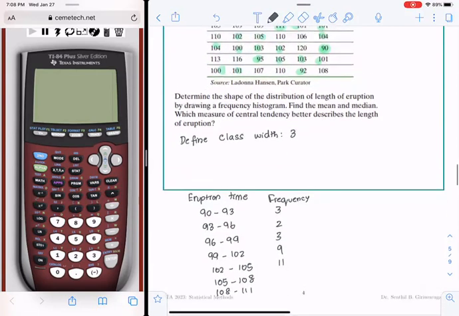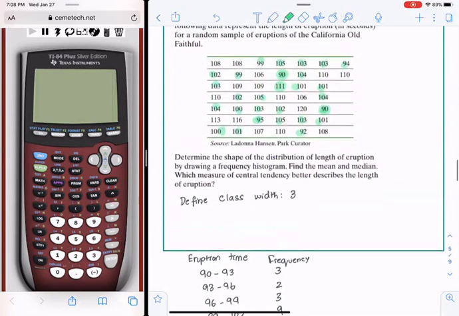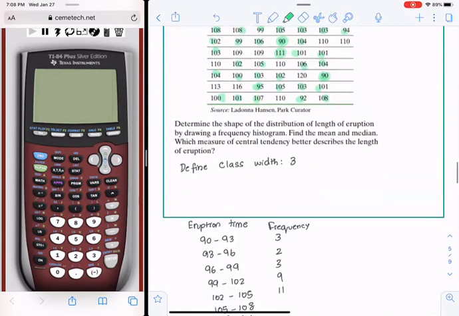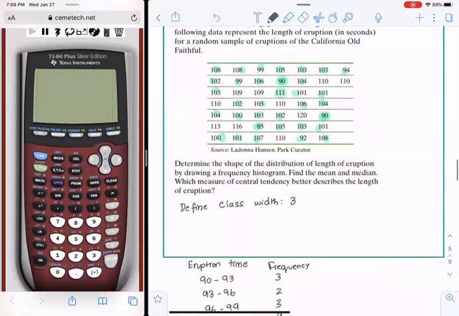105 to 108. We've included 105 already, so I'm just going to go for the 108. 1, 2, 3, 4, 5, 6. That is all I see. 108 to 111, since I've included 108 already, I have 1, 2, 3, 4, 5, 6, 7.